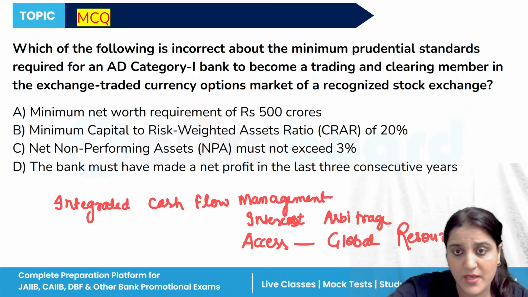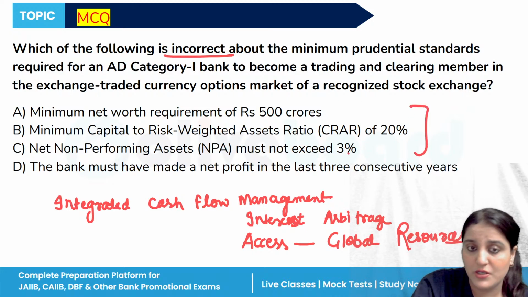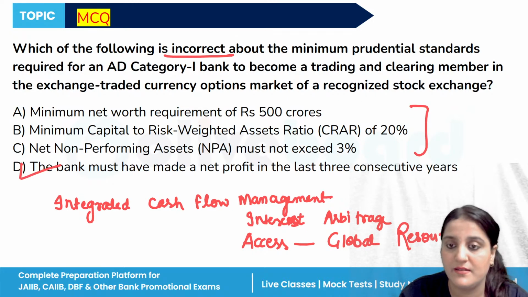So if you are talking about the incorrect one, all the three are included. This D option is incorrect here.